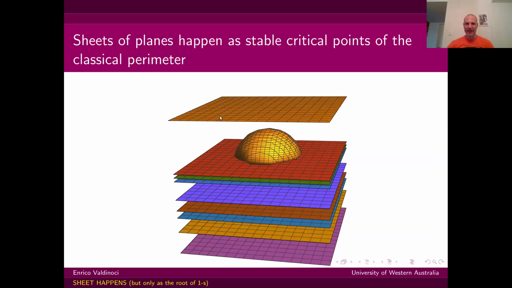So if I have a little bit of space, very little space between two parallel planes, I can still play this game, and I will increase a little bit the energy. So this proves that sheets can happen for classical minimal surfaces, for classical stable surfaces of zero mean curvature.